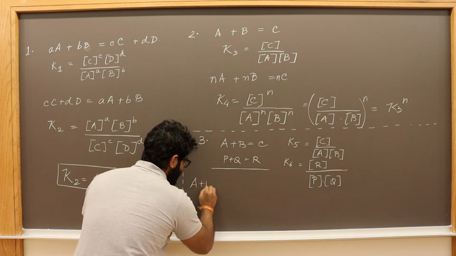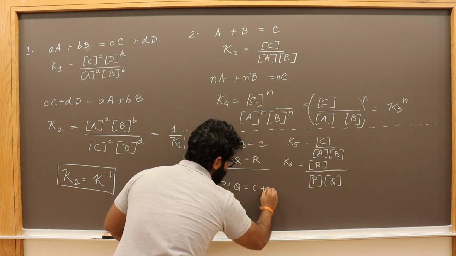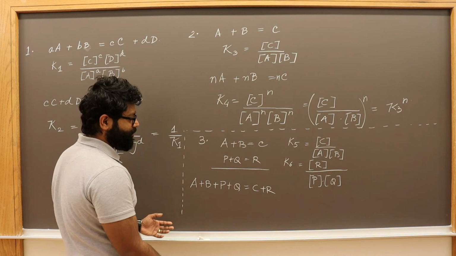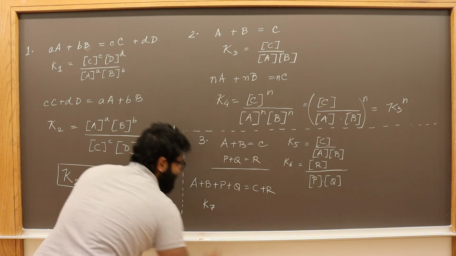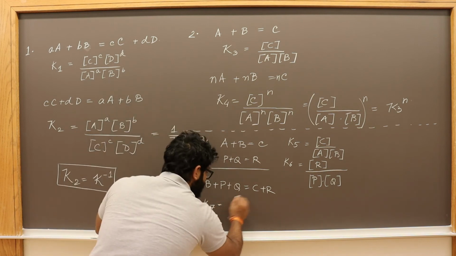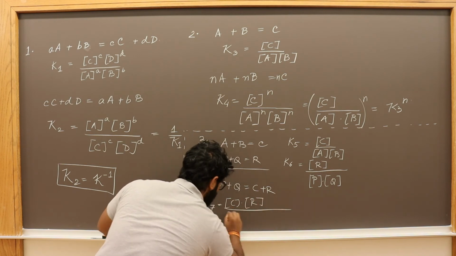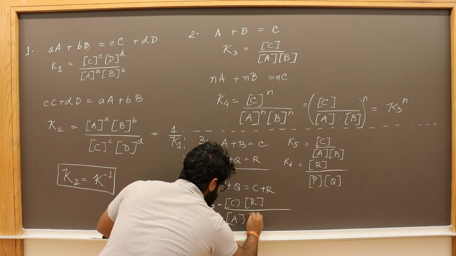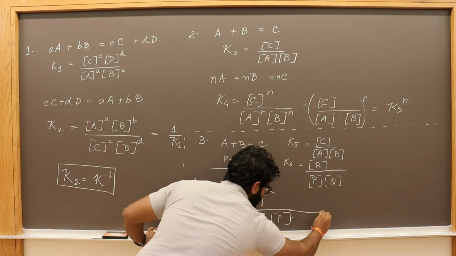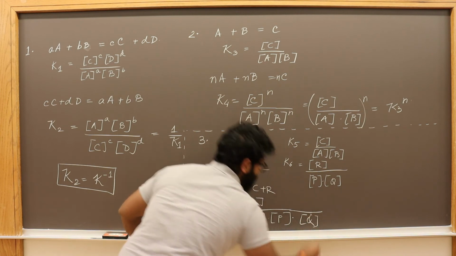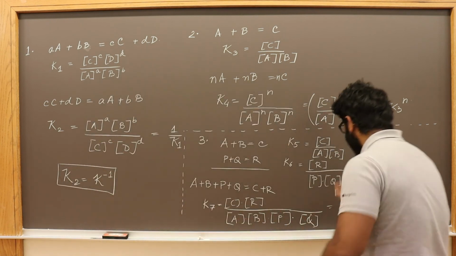Now, if you add these reactions, you get a new reaction in which you have A plus B plus P plus Q gives you C plus R. Okay, and now let's assume that the K equilibrium of this reaction is K7, which is C times R over A times B times P times Q. Now, you can say that this is just the product of these two, right?